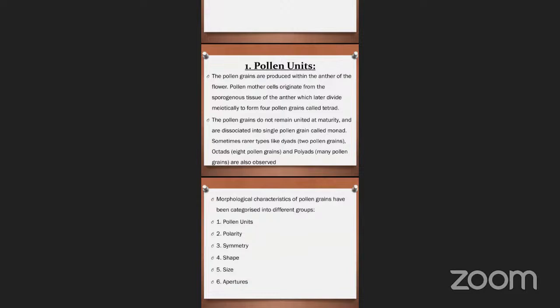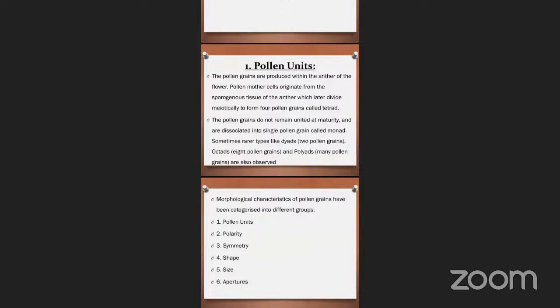So that type of pollen grain is called a monad. Based on unit, the pollen grains do not remain united at the maturity stage, and they are disassociated into single pollen grains. If the pollen grain is single, that is called a monad.